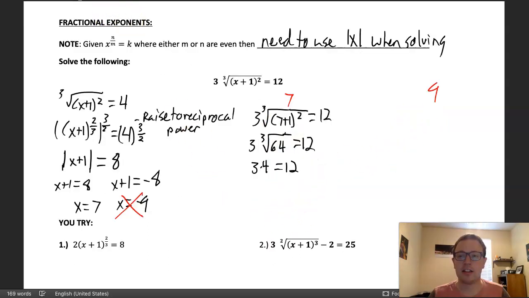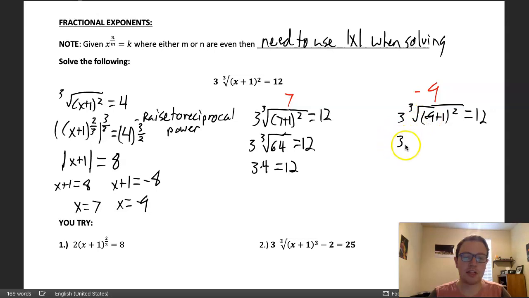Now let's test out not 9, but negative 9 here. When we substitute negative 9 in, we're going to get 3 times the cubed root of (negative 9 + 1) all squared equaling 12. So this is going to be 3 times the cubed root of negative 8 squared, which is 64.